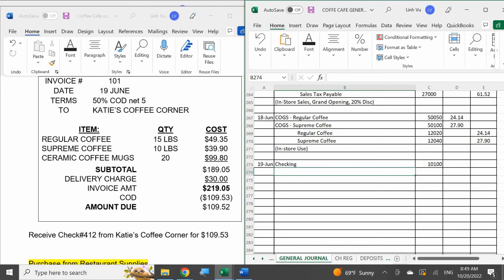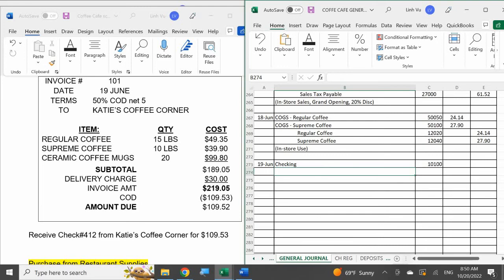What is this invoice? Okay, they said 50% COD net 5. So what does that mean to us?